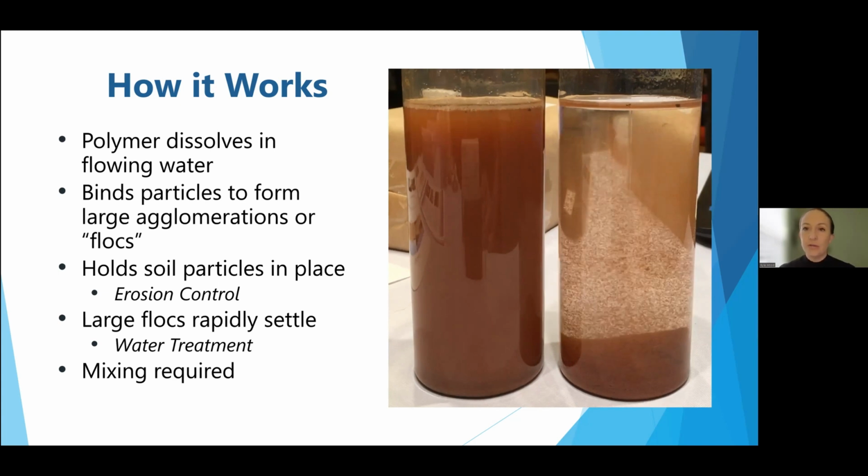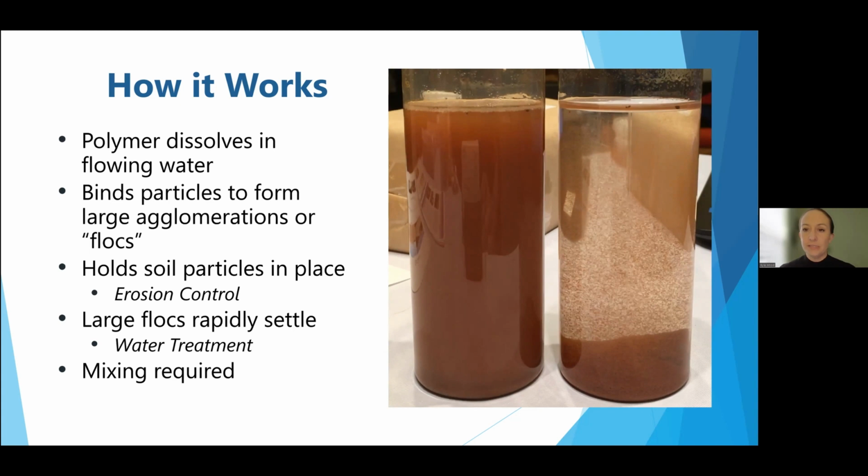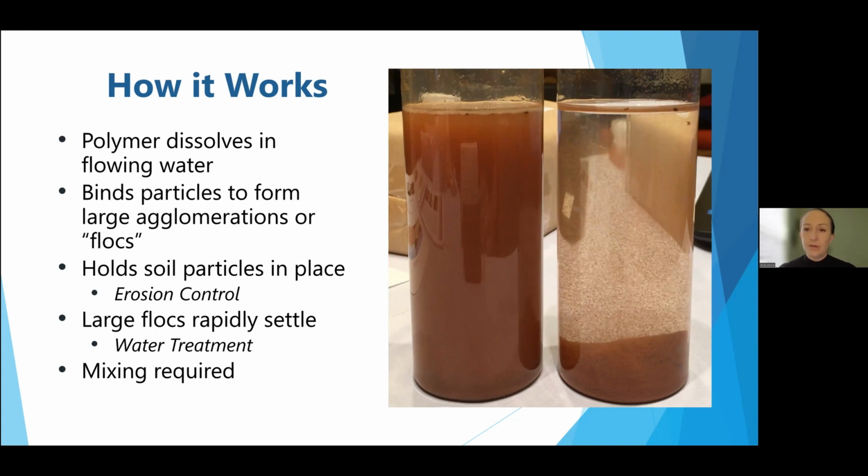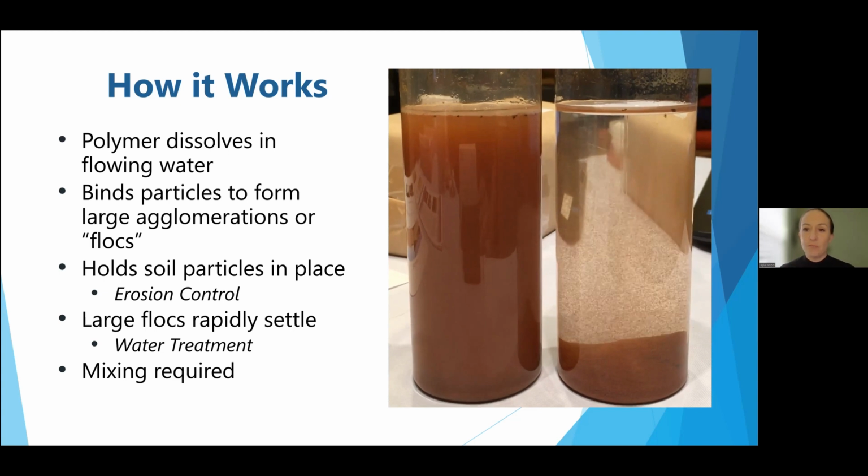Normally, some colloidal clays will sit for weeks or longer without settling and move right through our physical BMPs. So in a very short period of time, using the right type of PAM, we can almost instantaneously form those flocks so they're big enough that we can improve that water quality and decrease that turbidity.